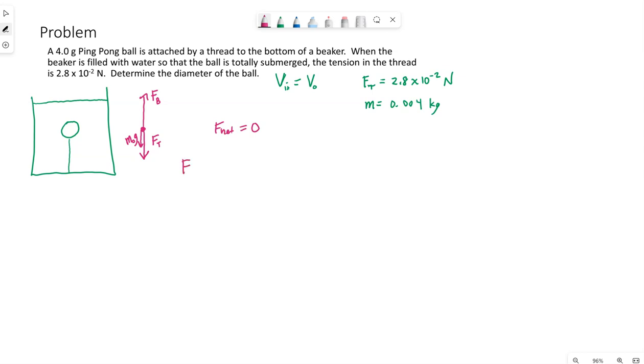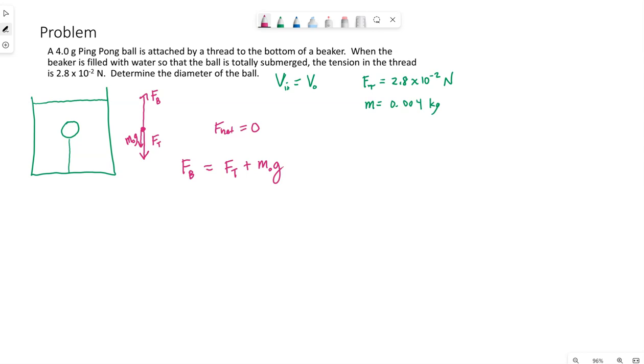So we can say that buoyancy force upwards has to equal the tension force and mg downwards. We've been given the force of tension, we know the mass, so we can totally find mg as well. So we have enough information to find this buoyancy force.